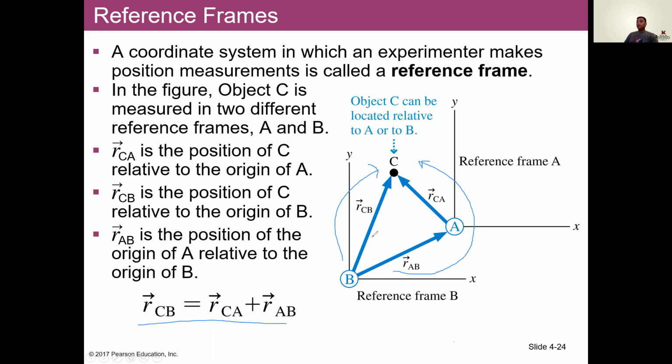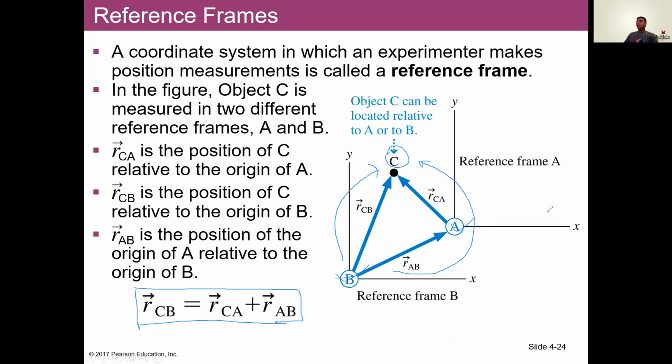So now suddenly you have found a relationship that connects the position vector of C from B and from A, okay?